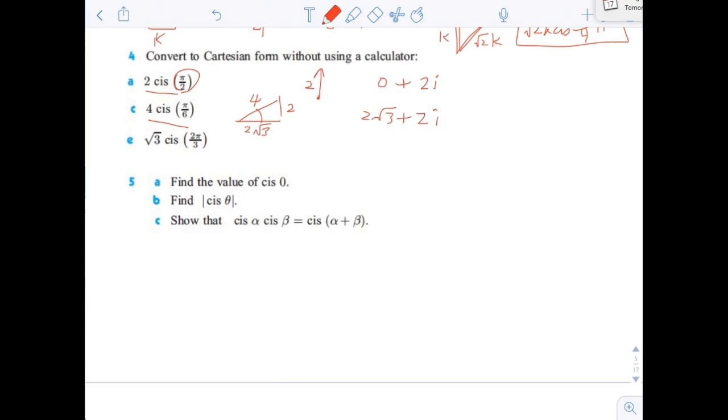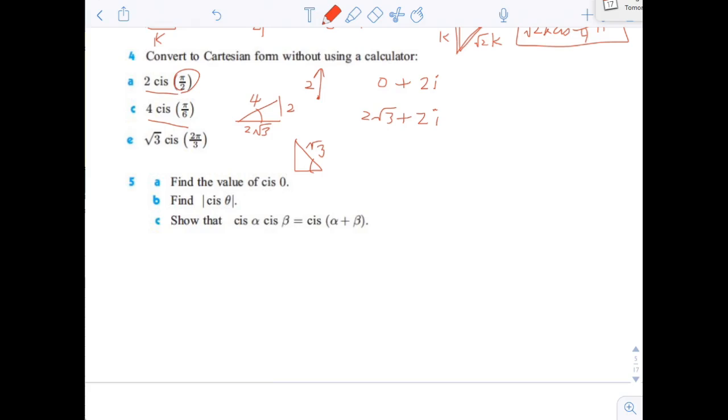Now we're at 2/3 pi, which is about like that. Okay? And so the modulus is square root of 3, which means that, let me erase this, it's in the way. The modulus is square root of 3, and this is 60 degrees here.